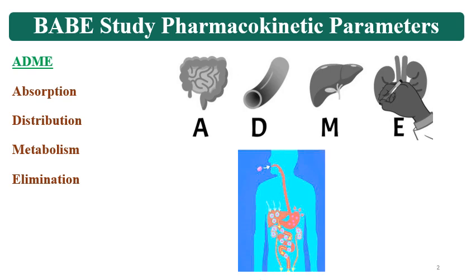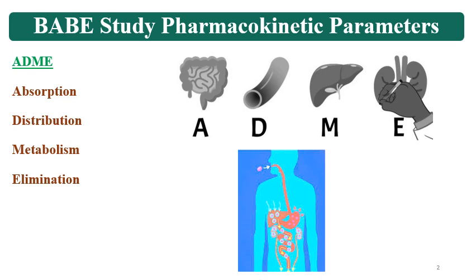Whenever the drug is administered, it goes through the pharmacokinetic route, that is absorption, distribution, metabolism and elimination. For the oral route, the drug is mainly absorbed from the small intestine. It gets distributed through the portal vein, through the liver, and then it is eliminated.